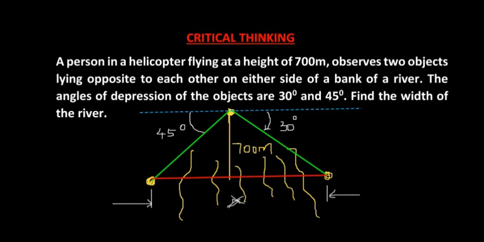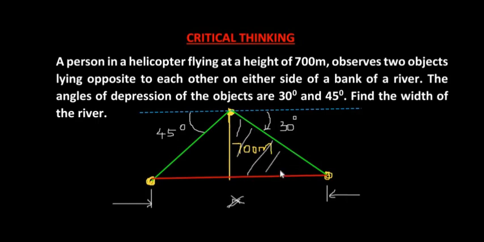Now what we can do here is, let me just get rid of these lines. You can see here there is a right angle triangle formed very clearly. This is one triangle which is a right angle triangle, and the other one is this. This is the other right angle triangle.